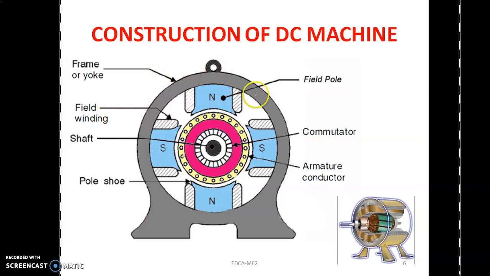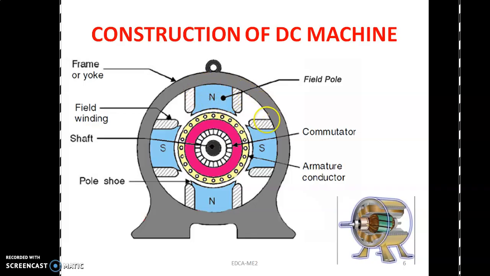So, construction of a DC machine. A DC machine consists of mainly two parts: a field system and a conductor. This conductor should cut the magnetic flux produced by the field system.